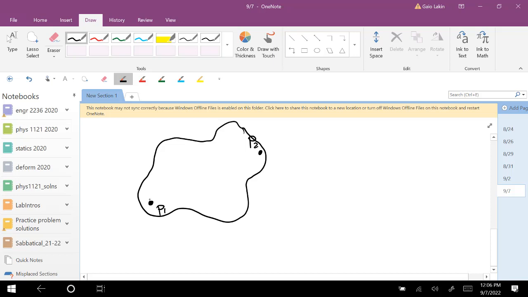And there are equal and opposite forces acting at P1 and P2, okay? So we're going to call this force the vector F, and that means we can call this one the vector negative F if they're equal and opposite. It's just all the components are negative, okay?